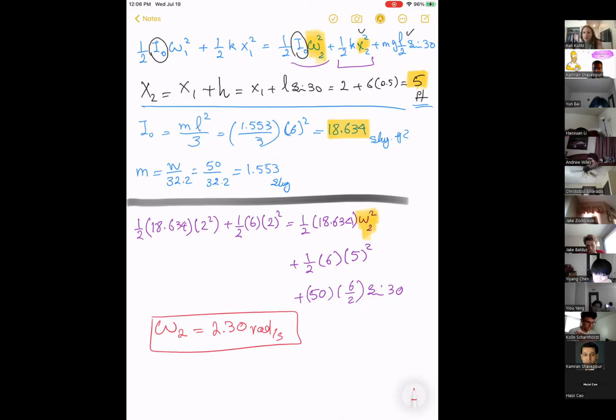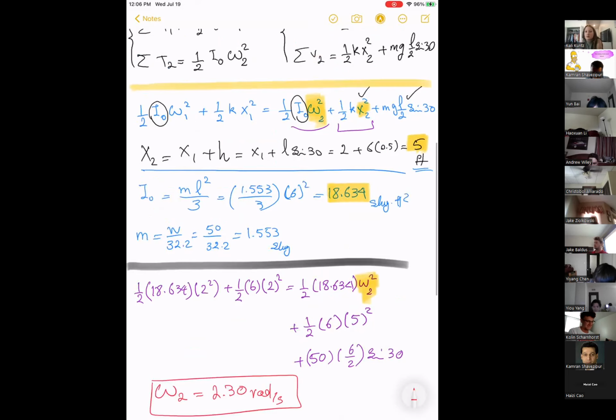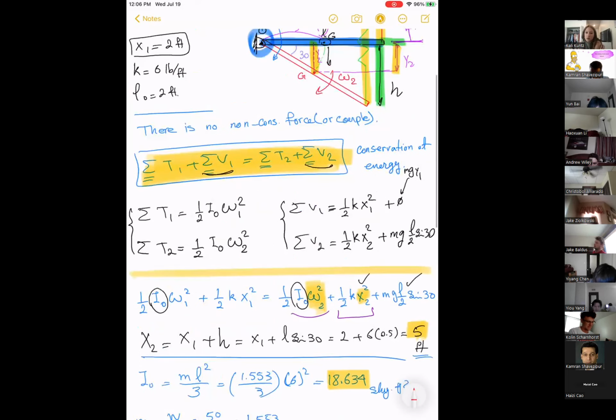I'm getting like a negative number before you would take the square root. The negative is not definitely right. Let me see if we got something wrong here. Oh, okay. Good observation. Hold on. I made a very big mistake.